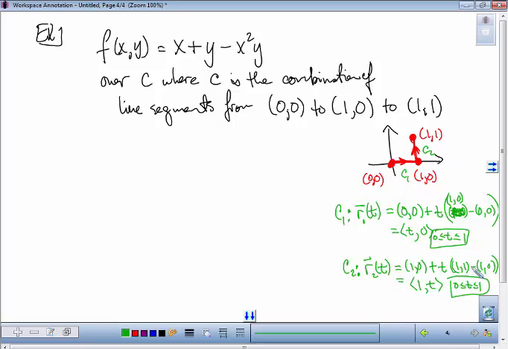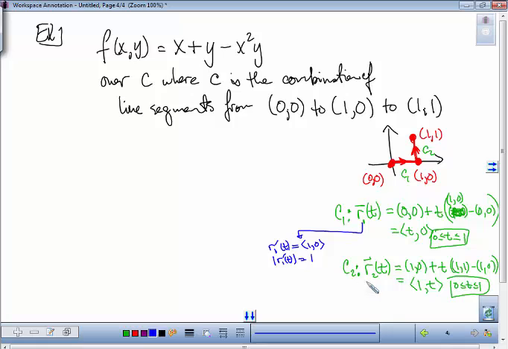Now thinking about our components, what do we need? We need the derivatives and the magnitudes of the derivatives. So let's do that. R1 prime. With lines, it's nice and easy. It's really just a direction vector. So take the derivative, it'll be 1, 0, and the magnitude of that will just end up being 1.